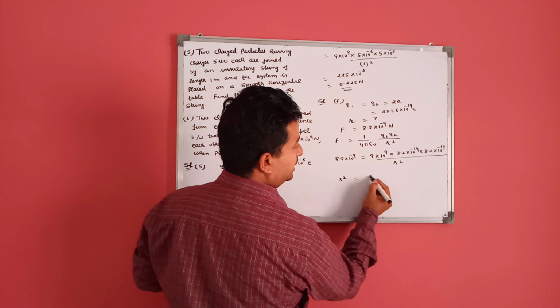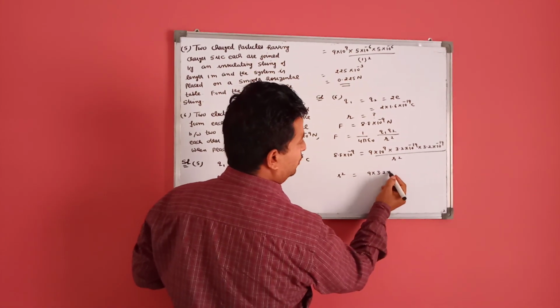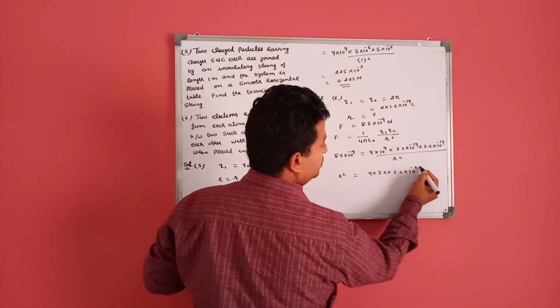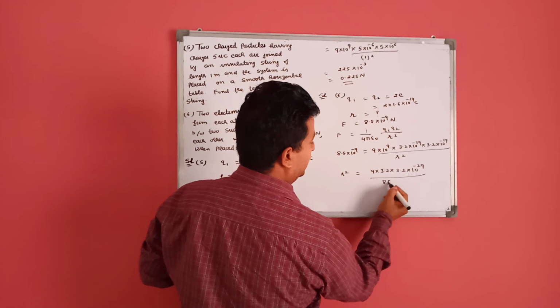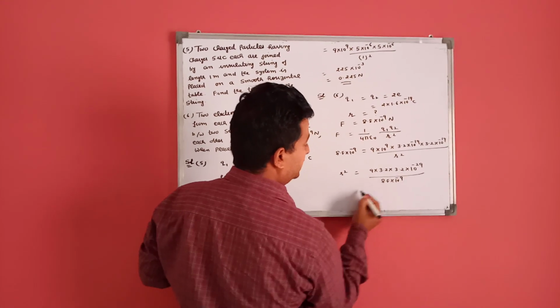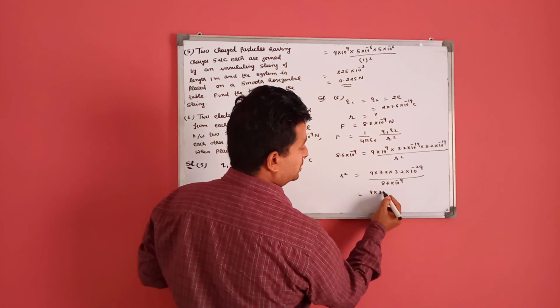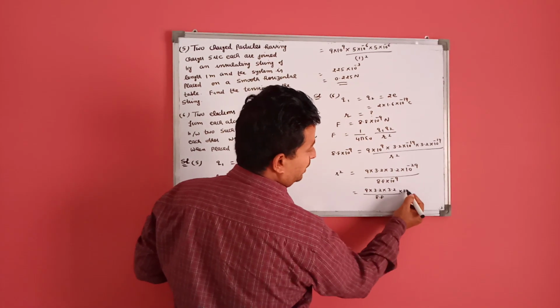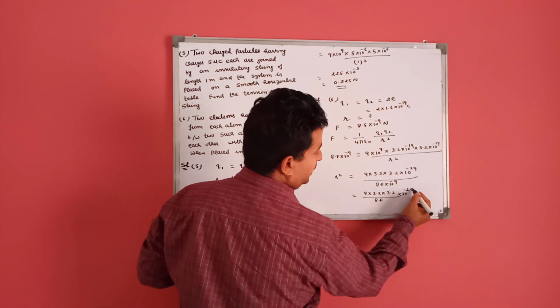Then R square is 9 into 3.2 into 3.2 into 10 the power minus 29 divided by 8.8 into 10 the power minus 9. This becomes 3.2 over 8.8 into 10 the power minus 20.